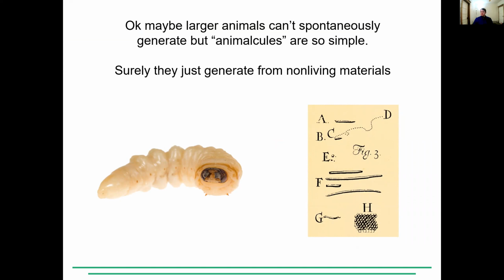And then people went to the notion that, okay, maybe larger animals can't spontaneously generate, but animalcules that are so simple and so small, surely they just generate from non-living materials. So here you can see the maggot. Yeah, it's a big, complex creature. It's big compared to the microbes, at least.